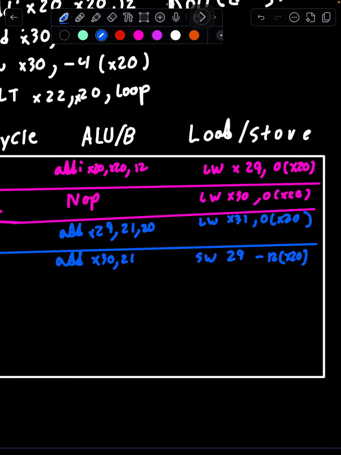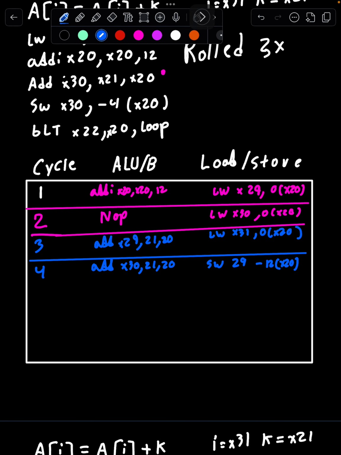Again, we're doing 3 iterations on the pipeline at the same time. So now we're just going to store word x30, -8. We're going to do our addition, x31, x21, x20.